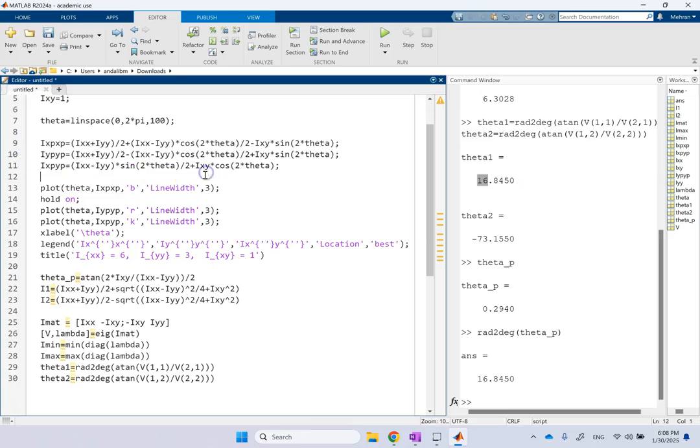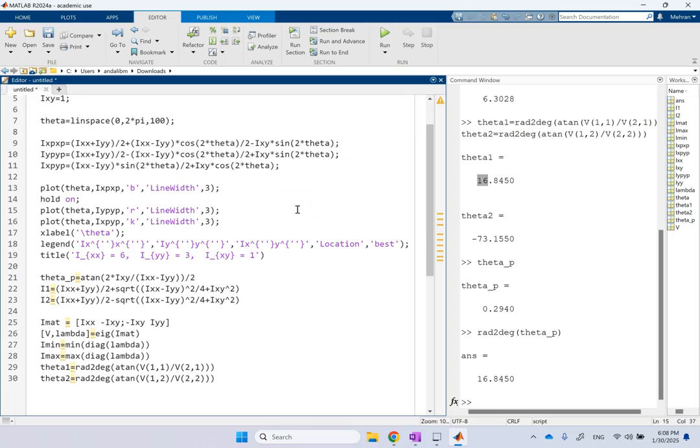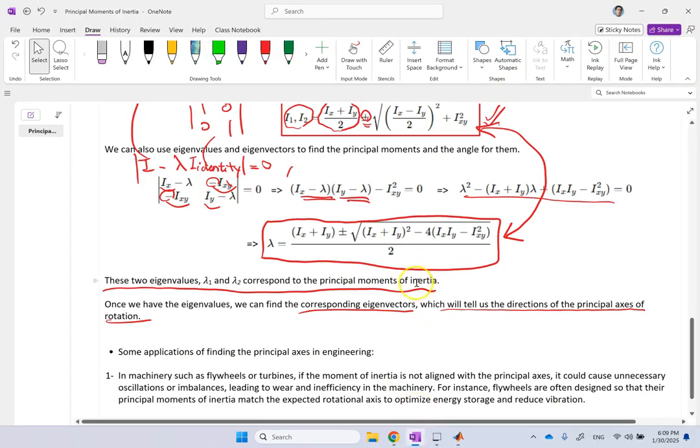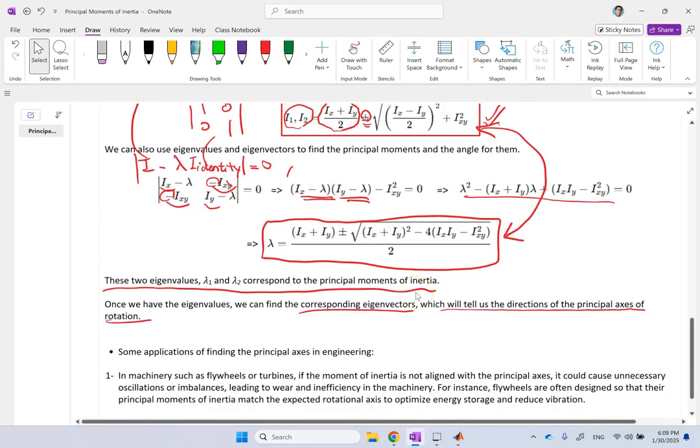Because in 3D, you cannot rotate a frame with one single angle. In 2D, yes, you can rotate xy to get x prime, y prime by a single angle about the z-axis. But in 3D, you have 3 angles that you can rotate, theta x, theta y, theta z, and then these 9 components of the moment will be functions of all those angles, and now finding the optimum set of all 3 angles to set all 3 products to 0, or maximize, minimize, and one of them will be the average of the 3, that is not as easy.